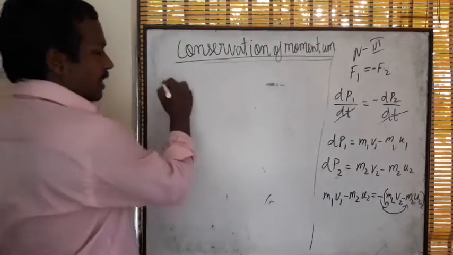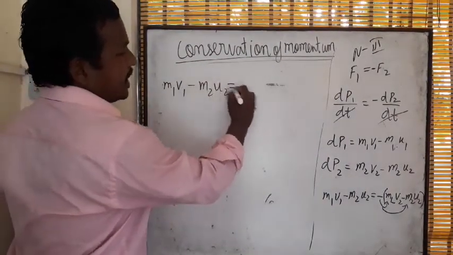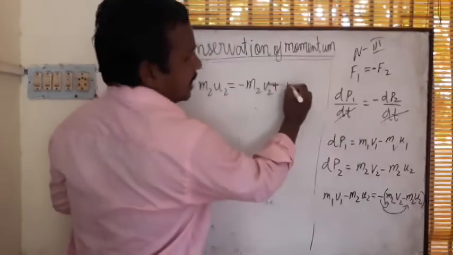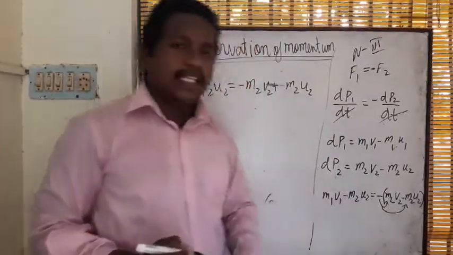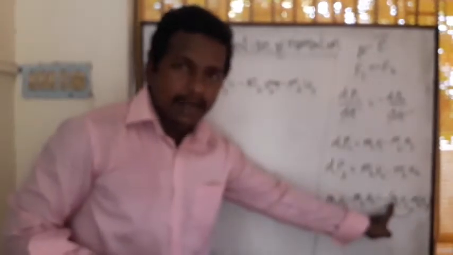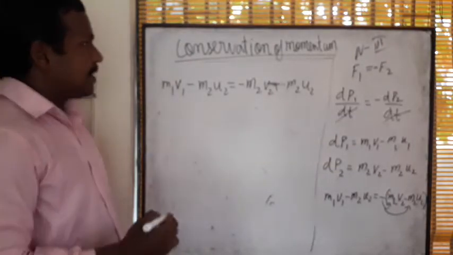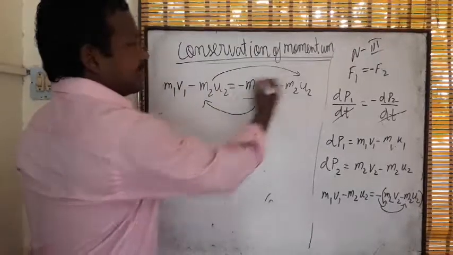The reason for taking the minus inside the bracket is that plus becomes minus, and minus changes to plus. Now I am just switching the equation, bringing this term to this side and that term to that side.